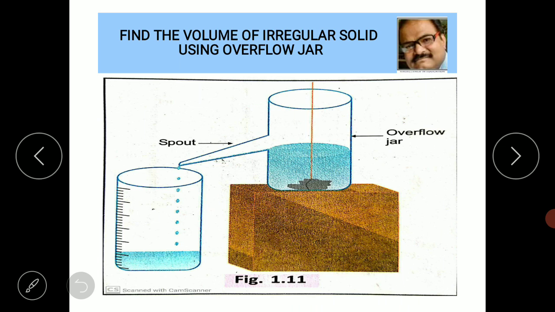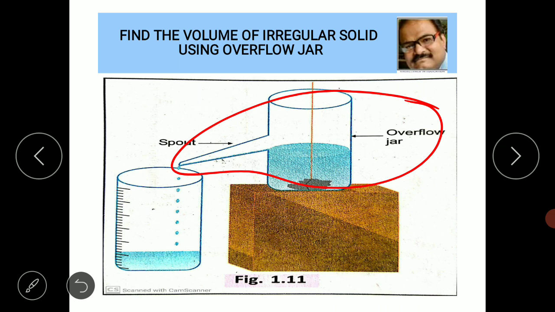Similarly, if we have to determine the volume of an irregular solid, as we determined with the help of a measuring cylinder, the same thing we can do with the help of another apparatus which is called an overflow jar, or it is also known as Eureka can, which is provided with a spout.